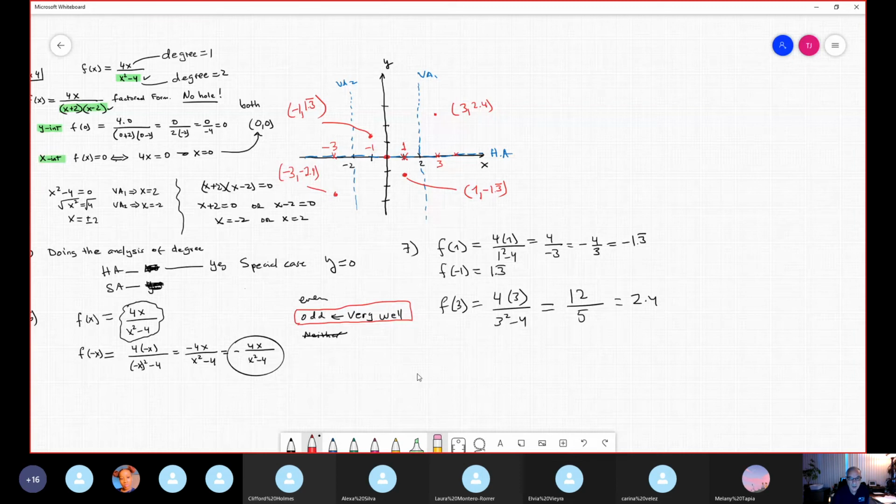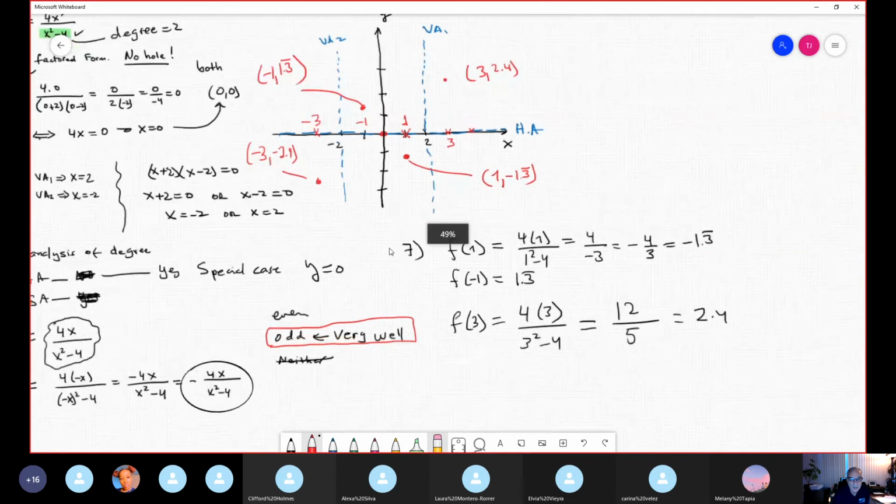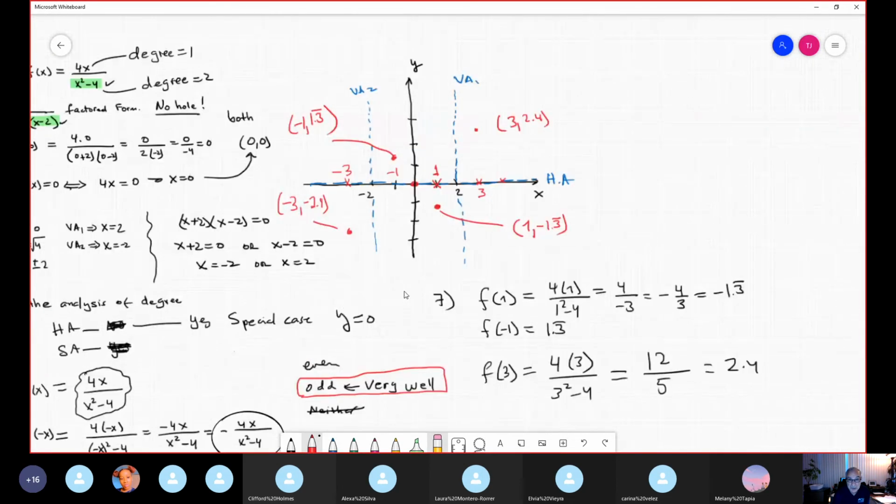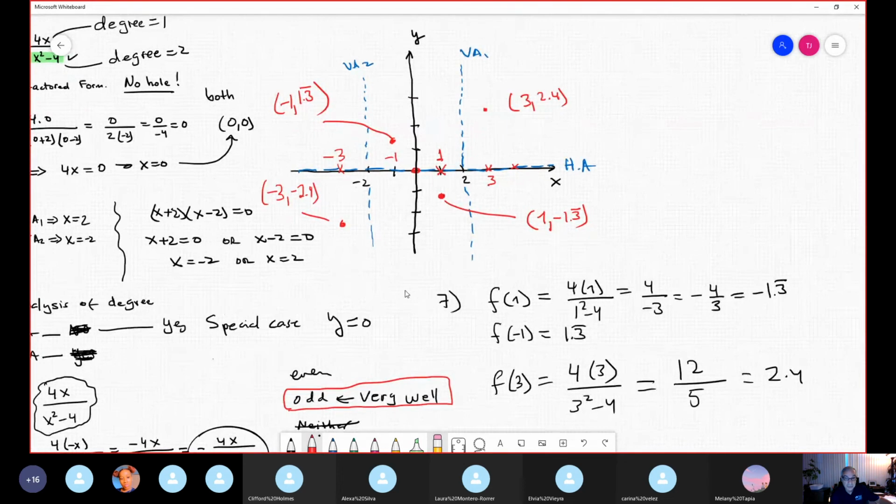Okay, now you need to plot more points. You can if you want, but in my opinion, no. Because I take advantage of the auxiliary construction of the asymptote.